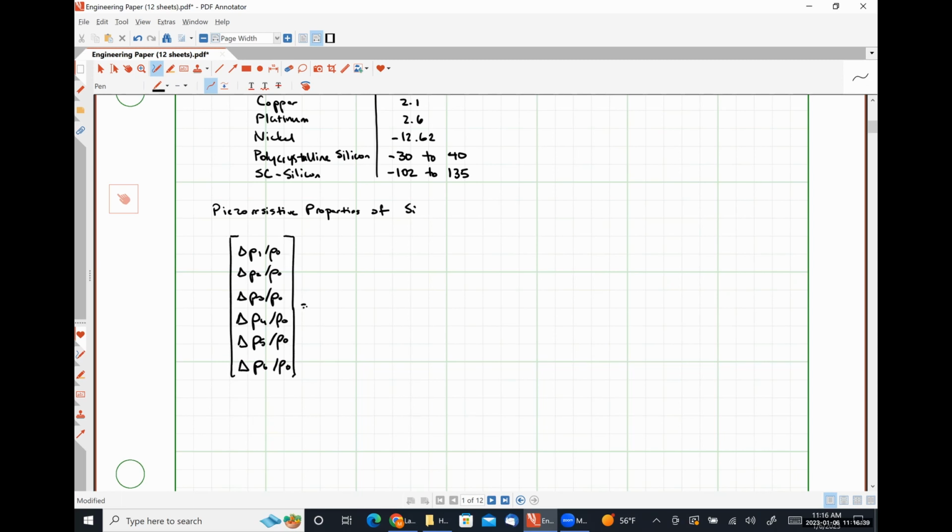Okay, so these are fractional changes in resistivity that are going to be caused by stresses in different directions.